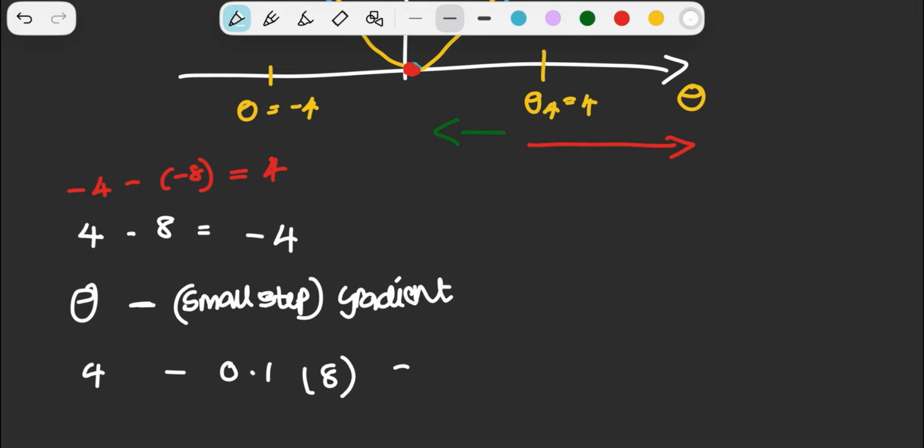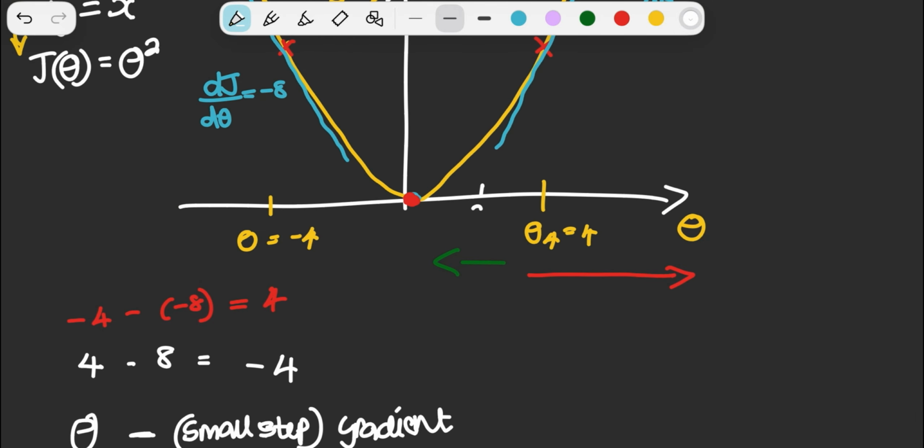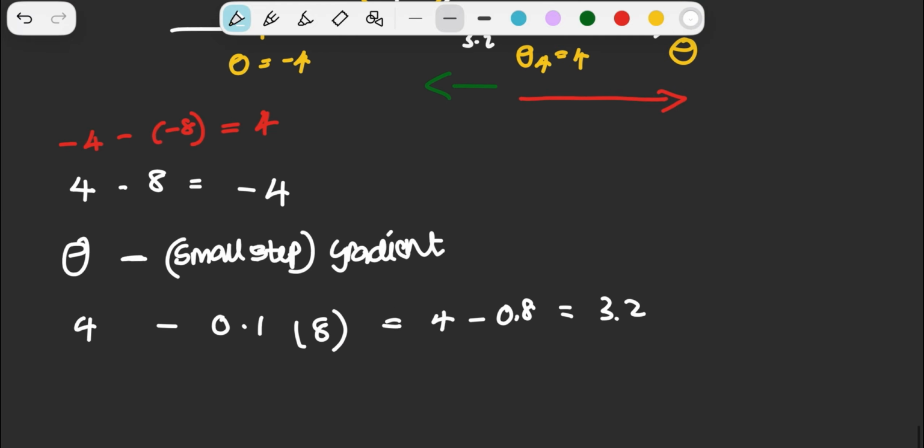It's 4 minus 0.8, which is 3.2. And you arrive at 3.2, which is over here. You can calculate the gradient at that point as well, plug it into 2 theta, and get a new value of the gradient.